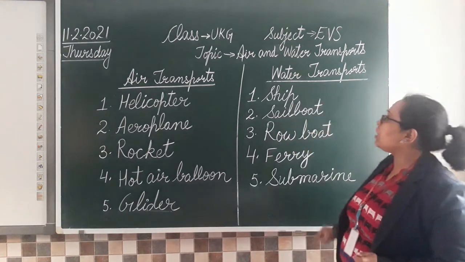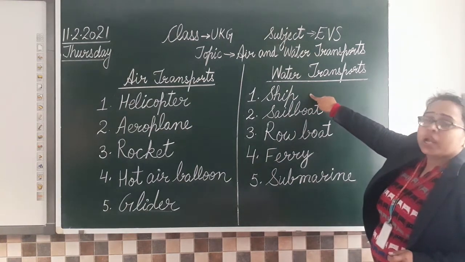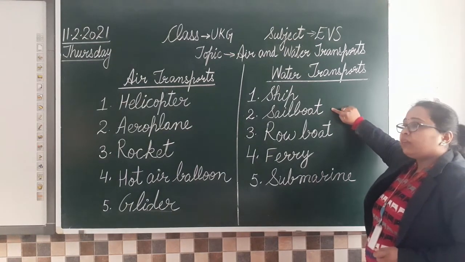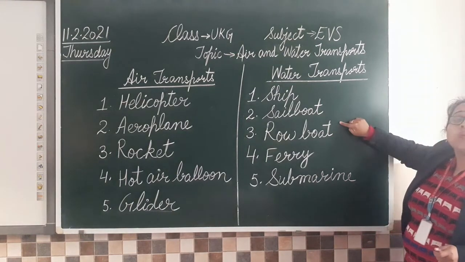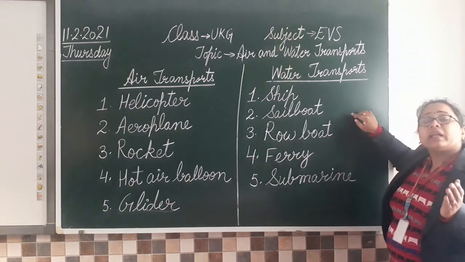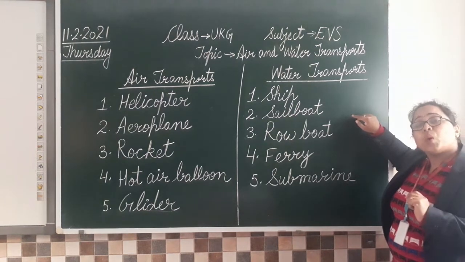Now similarly, if we talk about water transports, we have ship, we have sailboat, we have rowboat. And I told you what is the difference between a sailboat and a rowboat. It's not robot, it's rowboat.